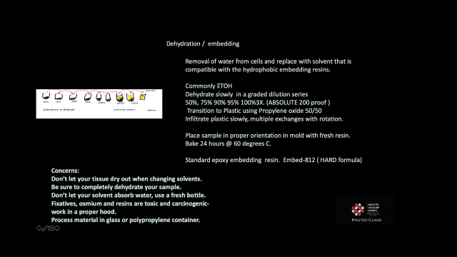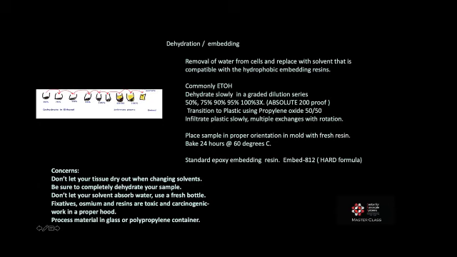There are other embedding resins. LR White can be used with a little bit of water, so you might be able to do some immunolabeling with that. Spurr's is another resin that can be used. It has a lower viscosity and is often used when we're embedding bacteria, plant material, yeast, or other samples or tissue or cells that are difficult to embed.